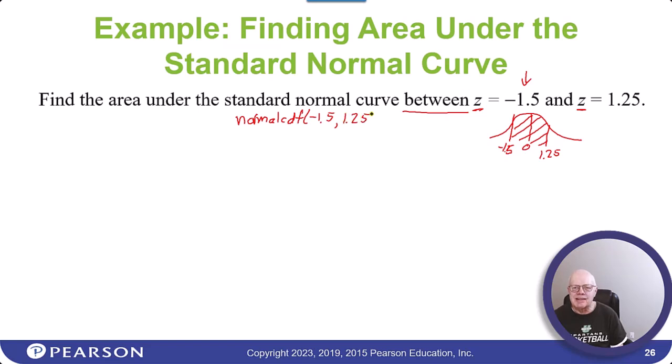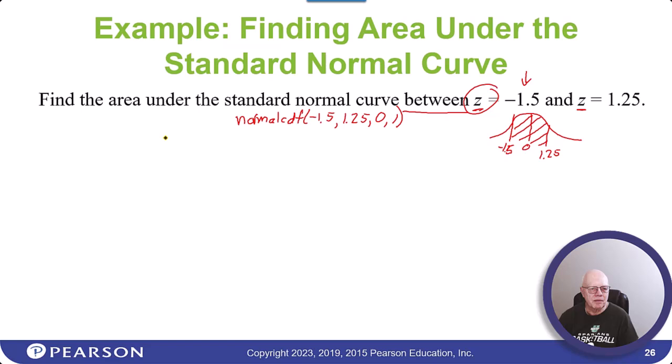We're talking about z's, so we're still putting a 0 and a 1 in here. And we don't know exactly how big or how small that is, but we might think it's in the wild vicinity of 0.5. We'll find out. Let's go to the calculator. We're familiar with it now.